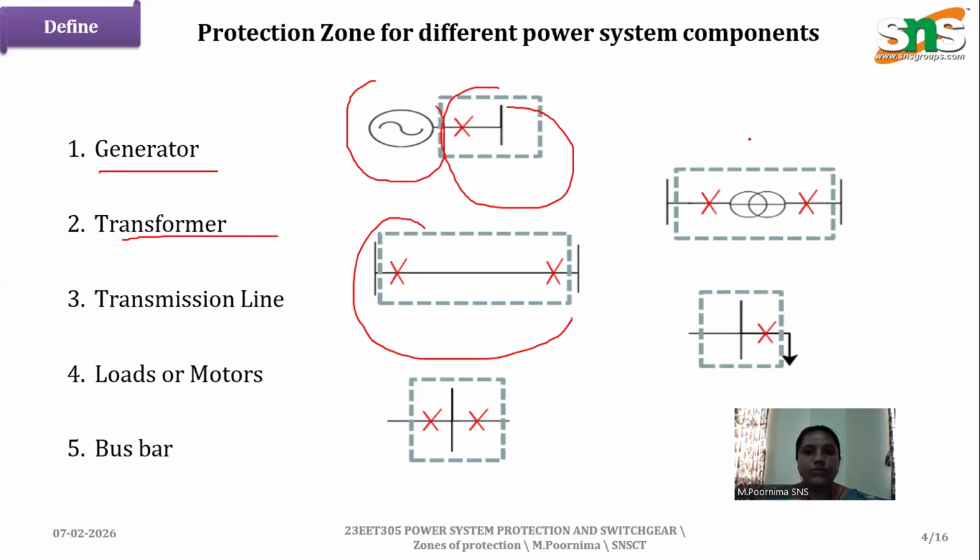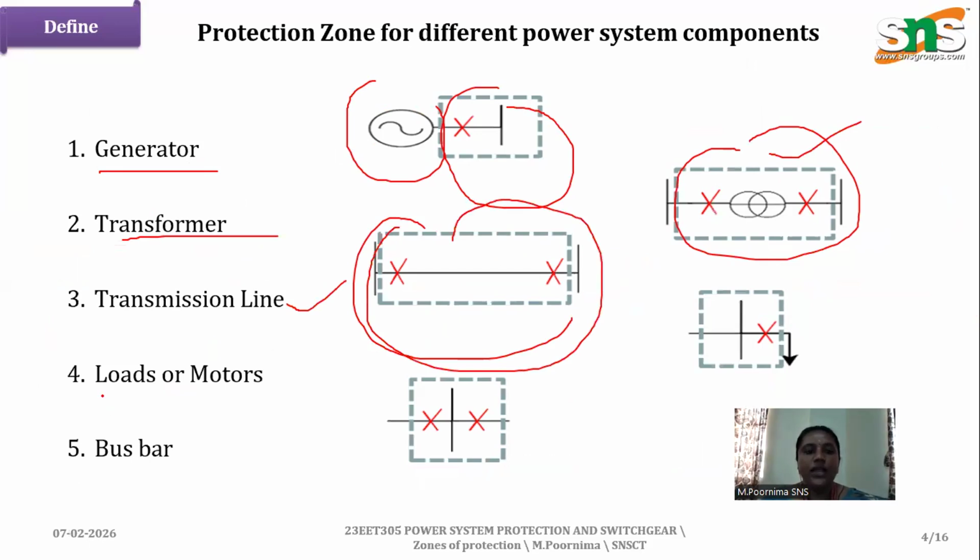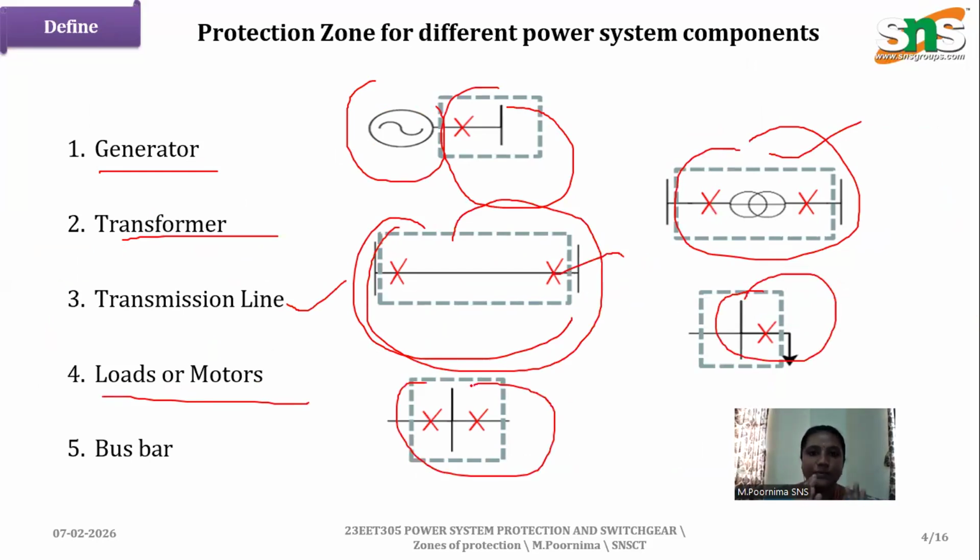Next is the transmission line, where transmission line protection is needed. Finally, the loads, such as motors, and we have bus bar protection. These are the main parts which need to be protected: generator, transformer, transmission line, loads such as motors, and bus bars. How we are going to protect them we can see in this video.